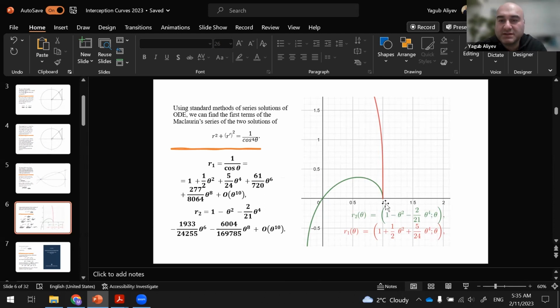The boundary condition is that it starts from 1, so R0 is 1. We obtain two series solutions. The first one is, of course, 1 over cosine theta, the original line, and the other one is a new solution, which gives us this approximate shape.